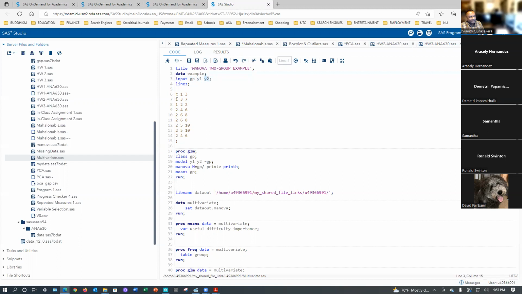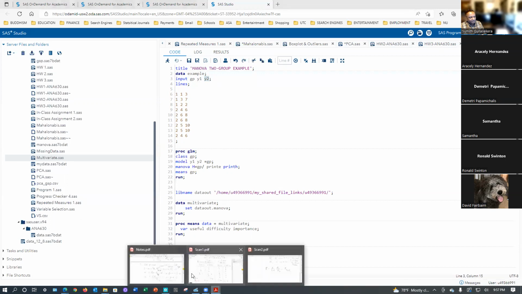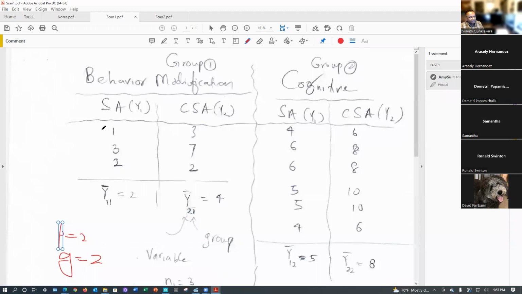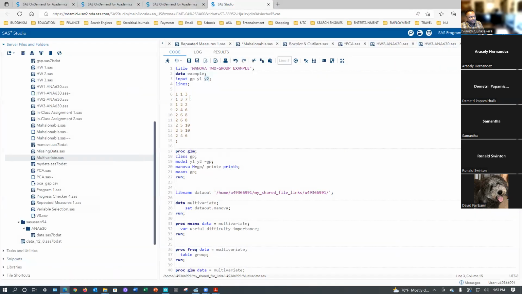The first group is 1, 1, 1, three entries because of group 1, group 1, group 1. And let's get the first individuals' observations for Y1 and Y2: 1 and 3, 3 and 7, 2 and 2.